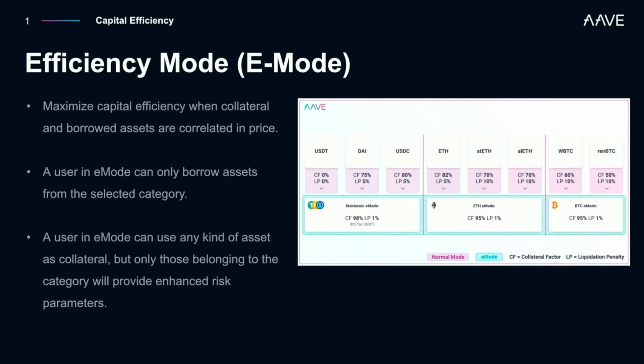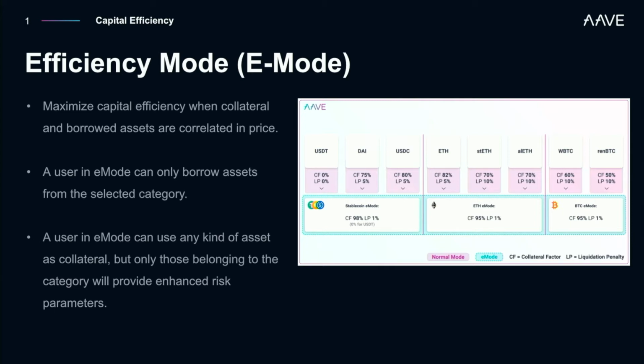So that's the main point of the efficiency mode. What if we are able to group the assets in categories with the same characteristics, same nature, or the same price volatility, so we can increase the borrowing power of the users in those cases?